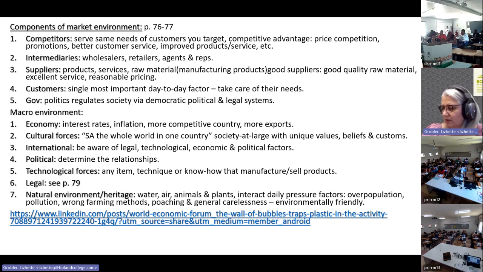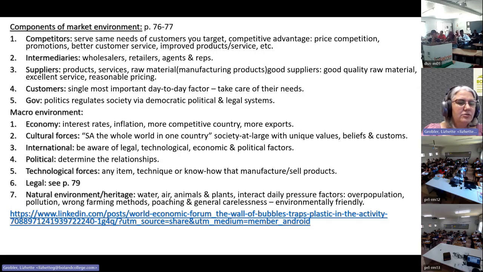Then the macro environment, that is on page 78. Here we look at the economy, that is the interest rate, also the inflation, and then more competitive countries have maybe better options for exports or imports with better prices.